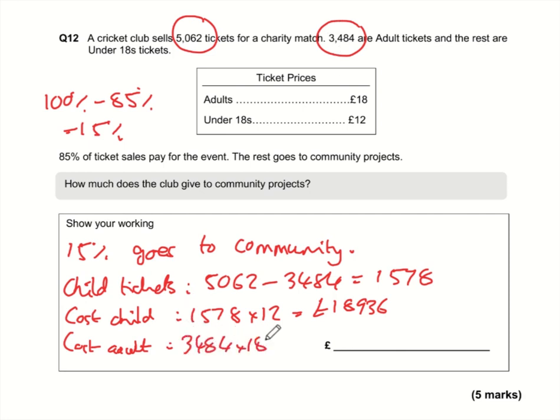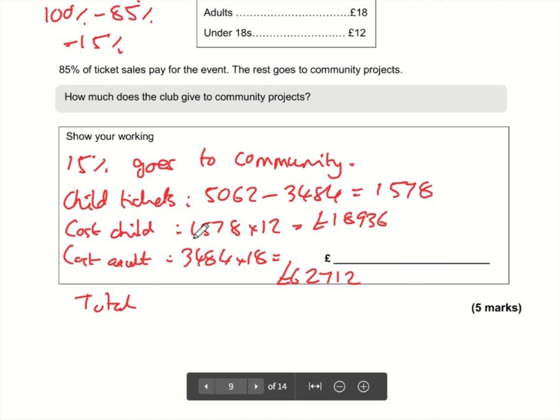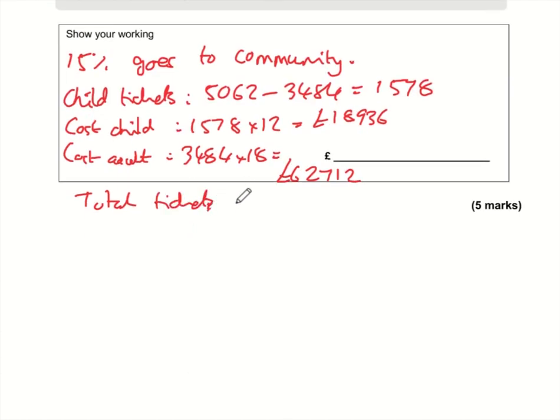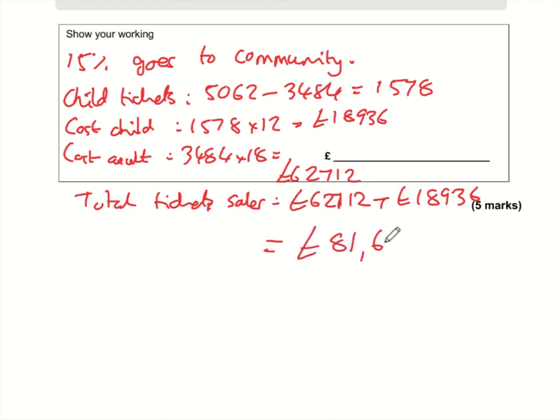And the cost of the adult tickets is the 3484 multiplied by 18, and that comes to 62712. So the total ticket sales is 62712 plus the 18936 from the children, and that comes to 81,648, and 15% goes to the community.